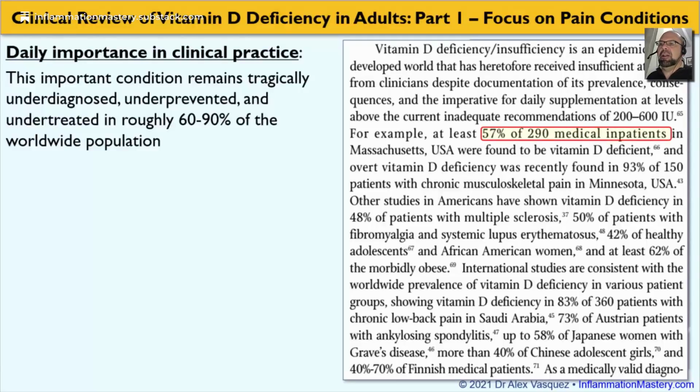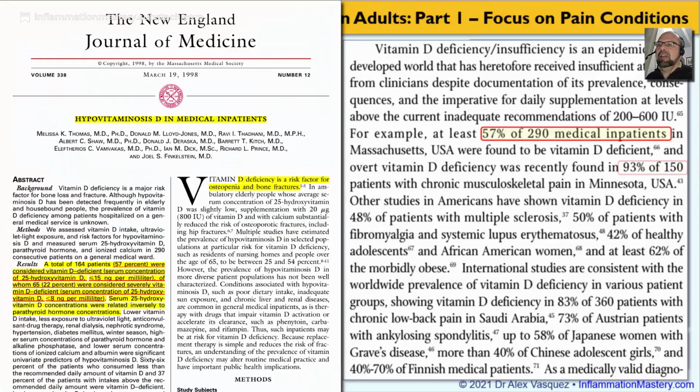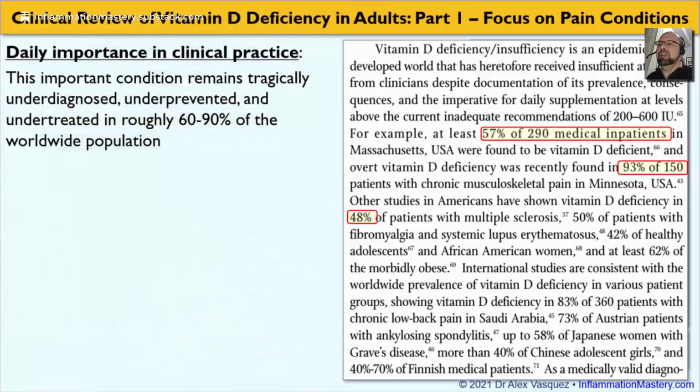57% of 290 medical inpatients. As I recall, that was published in the New England Journal of Medicine. Another study found 93% of 150 patients with chronic musculoskeletal pain in the United States, 48% of patients with multiple sclerosis, 50% of patients with fibromyalgia, 42% of healthy adolescents and African American women, and at least 62% of the morbidly obese.